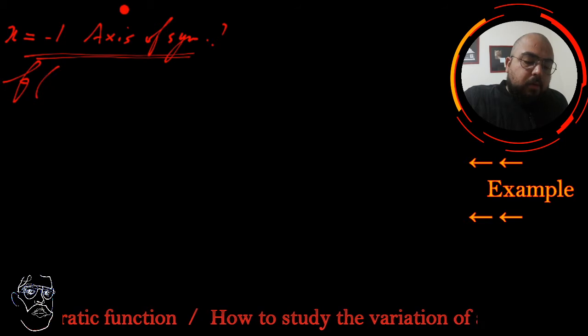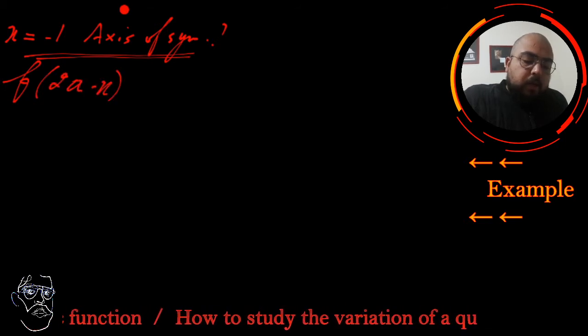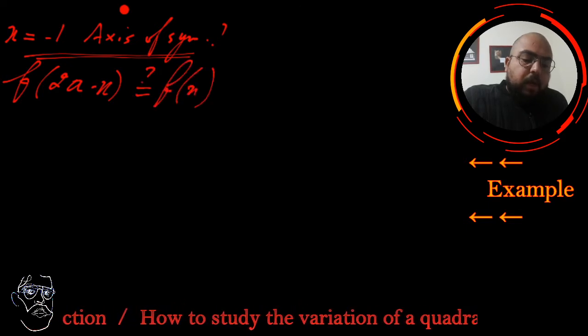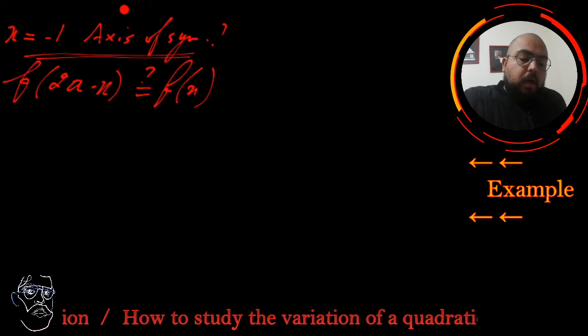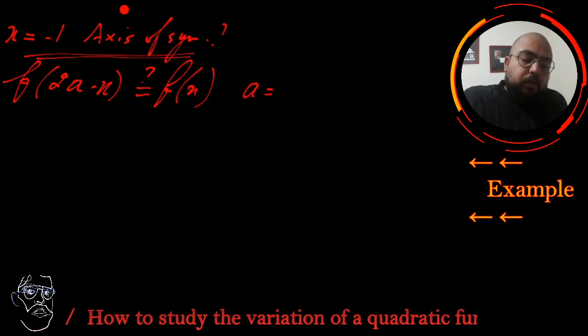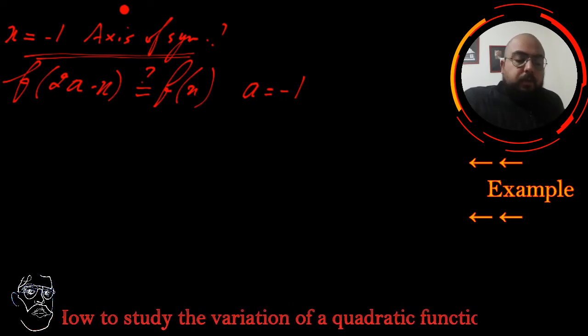F of 2a minus x, is it equal to f of x? I will have to verify. And of course, in this case, a will be equal to -1. It's the value of your axis of symmetry.